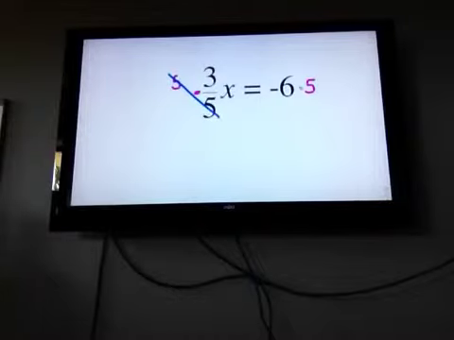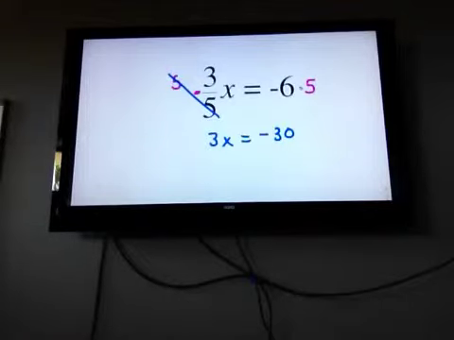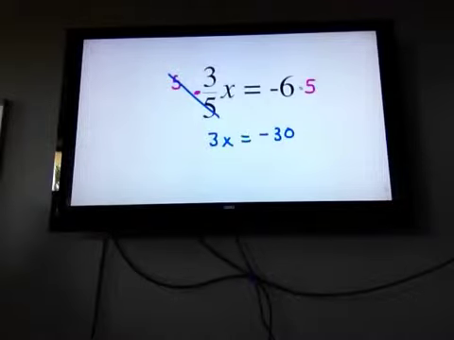That's why we're doing it. And you're left with 3x. On the right side, we have negative 6 times 5, which is negative 30. This is where you should have an equation with no fractions left in it, and then you just solve as usual, like we did in goals 2.1 and 2.2.